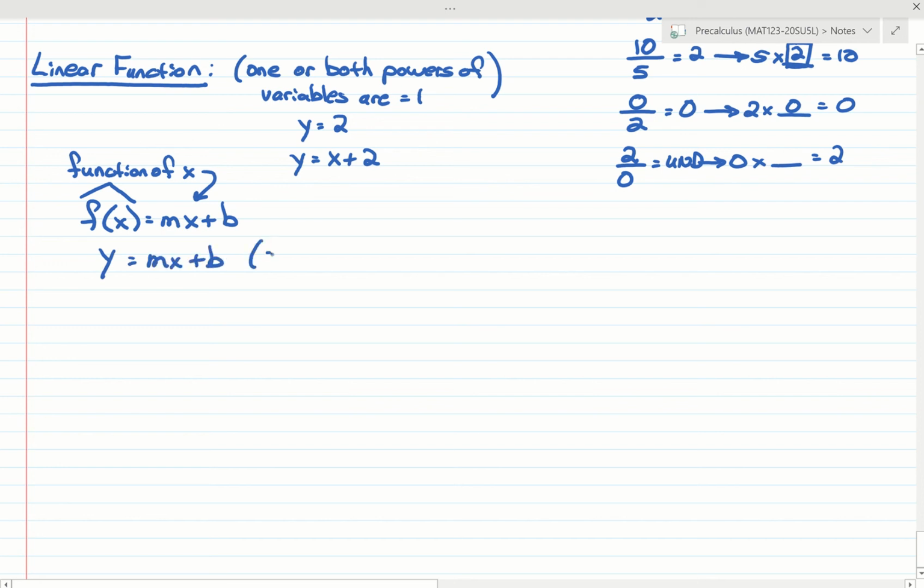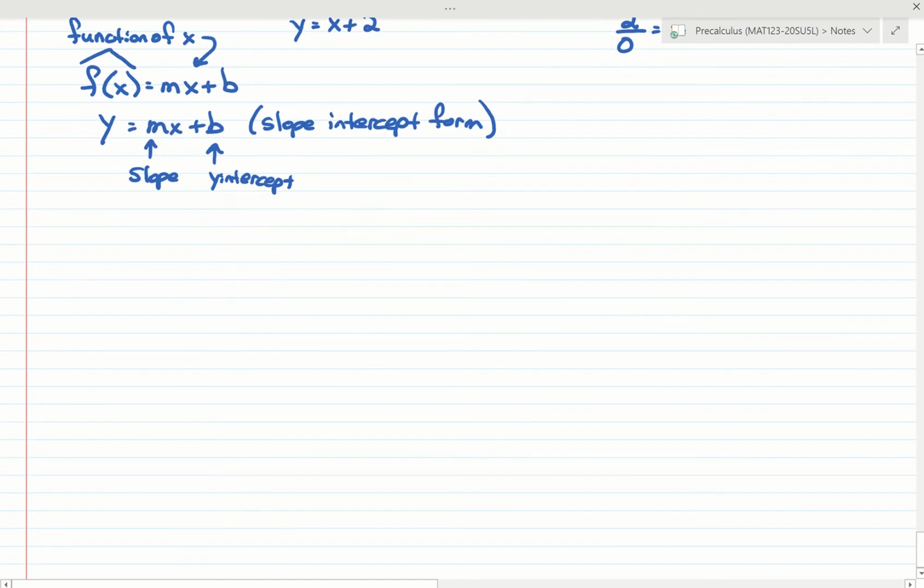This is slope-intercept form, where m is our slope and b represents our y-intercept. So let's get into some examples.